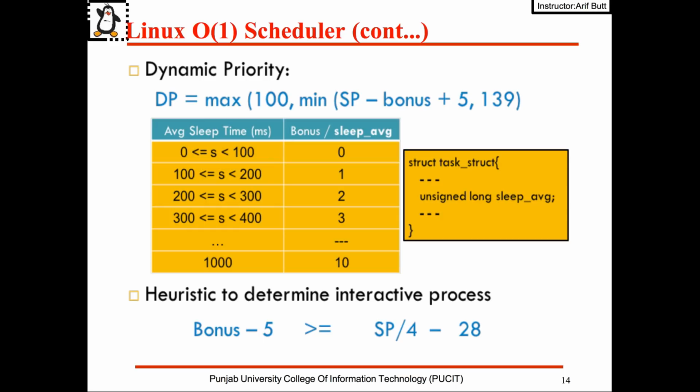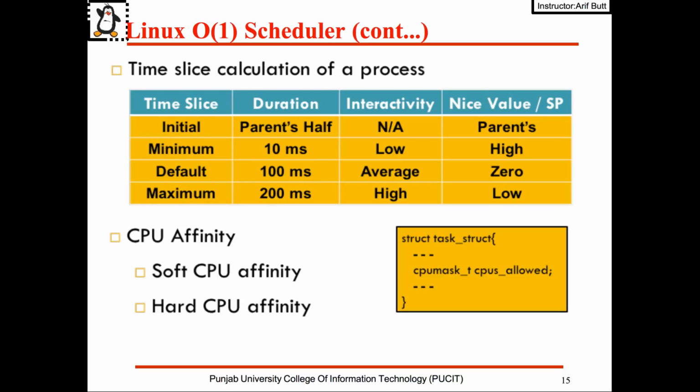Now let's see how the time quantum of our process is calculated. We know the first time the time quantum is half of the remaining time slice of the parent, but what about the next time? Well, next time every process gets its time quantum based on its static priority and interactivity in the range of 10 millisecond to 200 millisecond, as shown in this table.